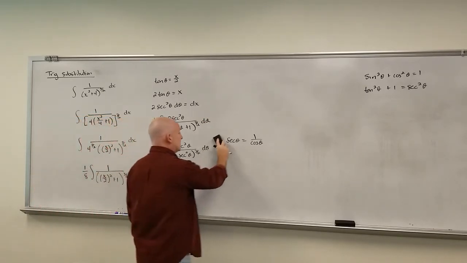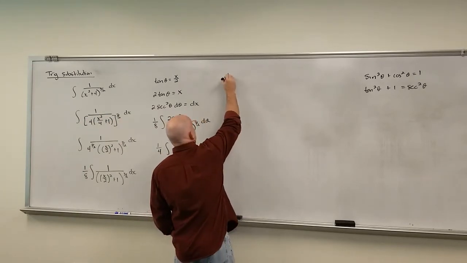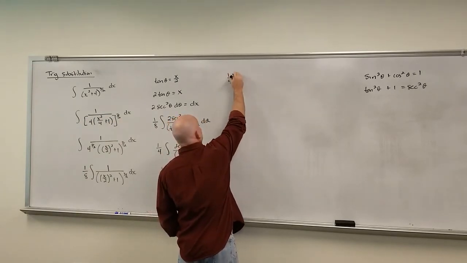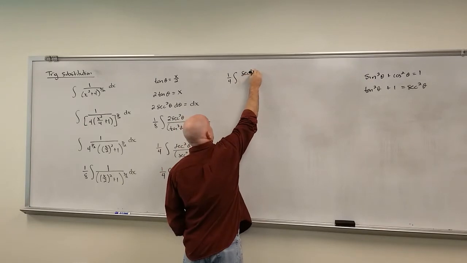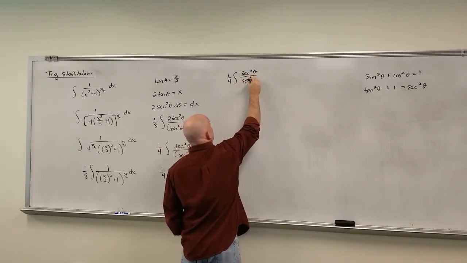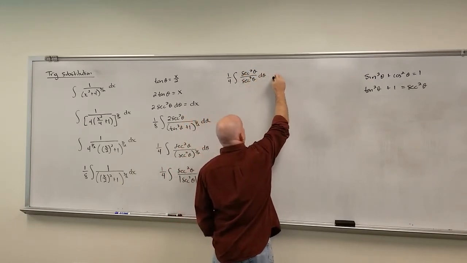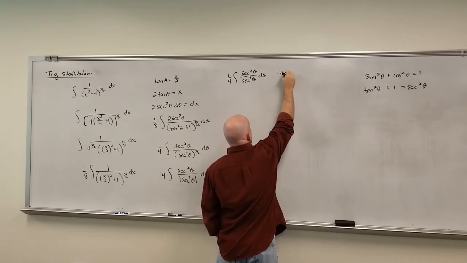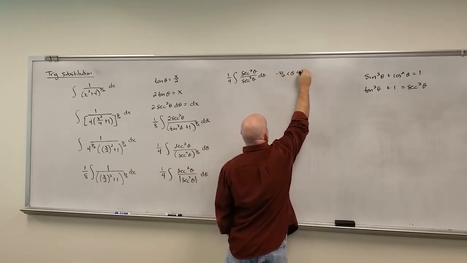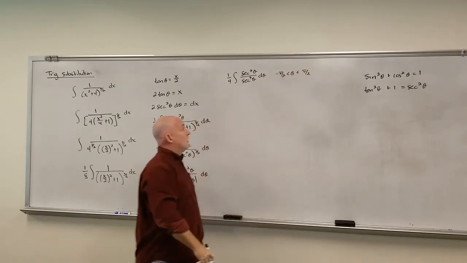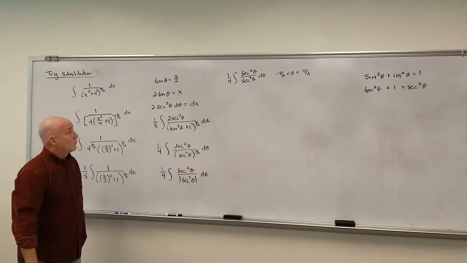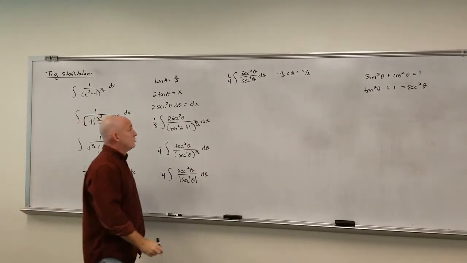So if we do the same thing we did last time, this is going to be the secant squared theta over secant cubed theta d theta. I can do that as long as I keep cosine positive, which means it would fall in the first and fourth quadrant. Well, let's reduce a little bit.